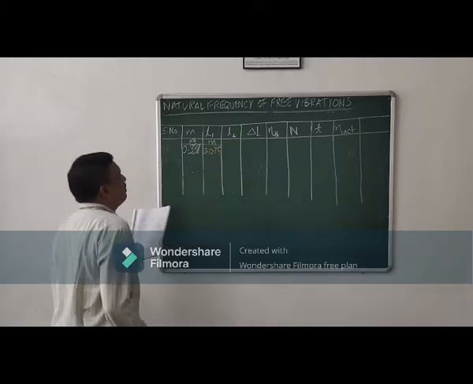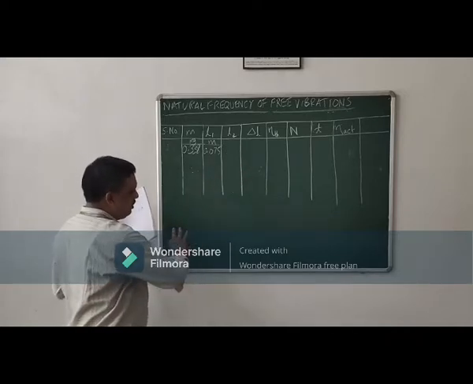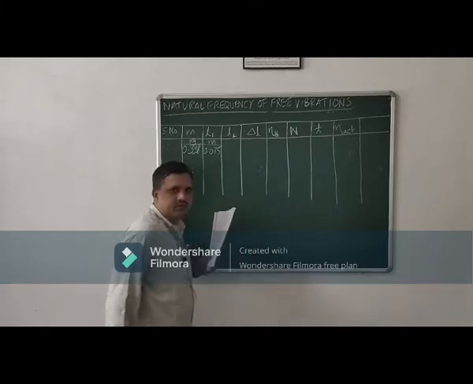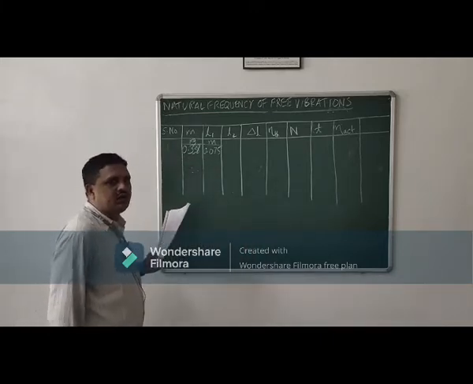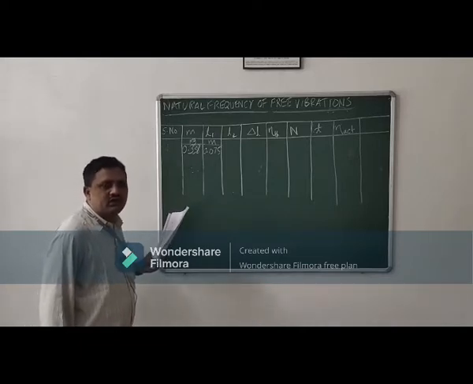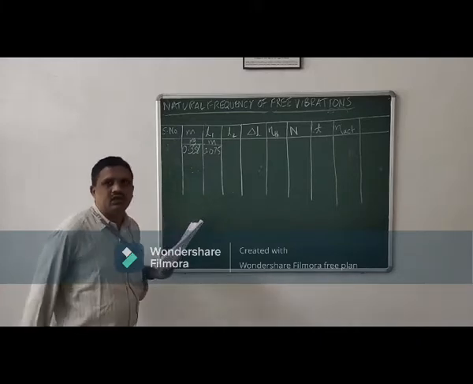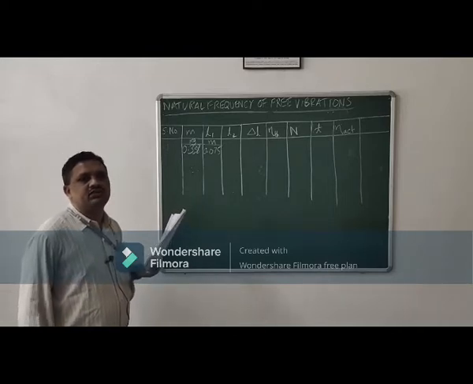Okay. So, once we tabulate all these readings, we can do the calculation part, so that you can understand how to do the calculation, what formulae are required, and how we compare between the experimental and theoretical natural frequencies. Okay.